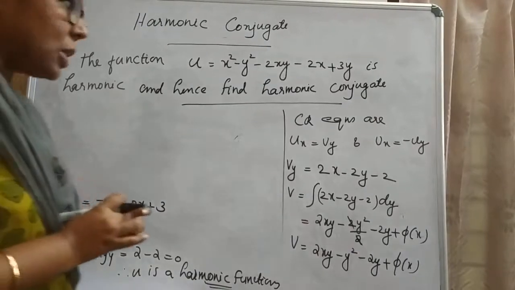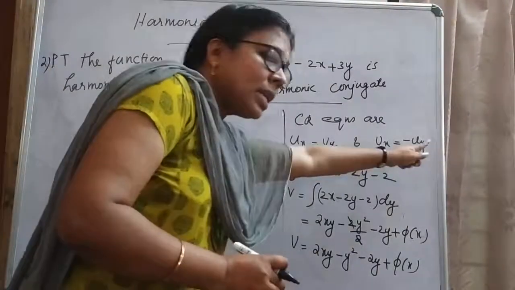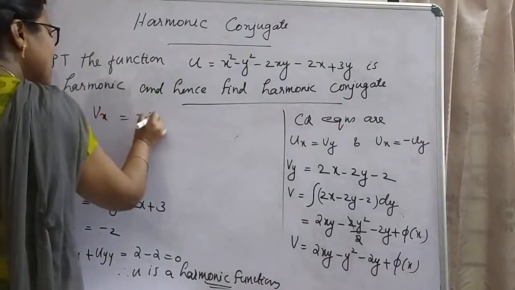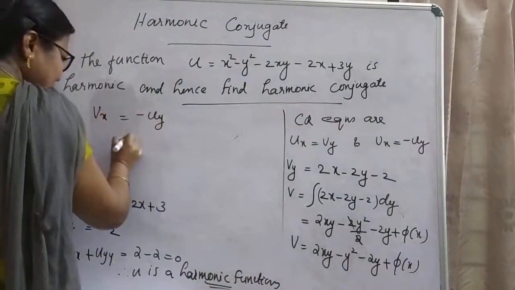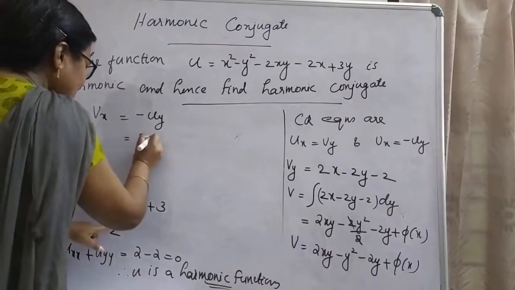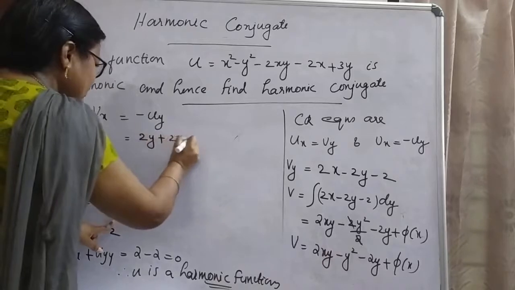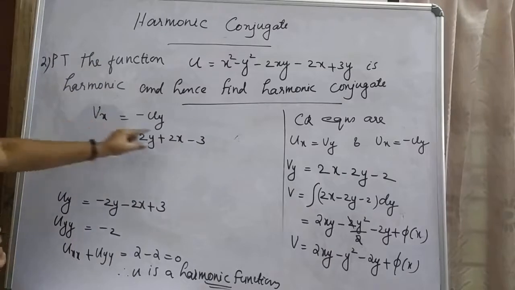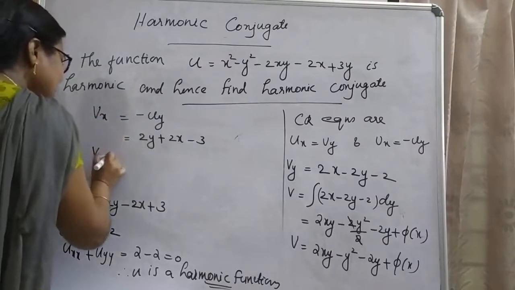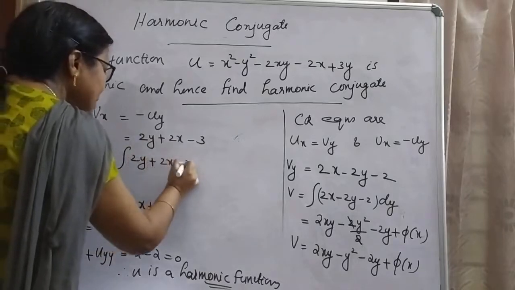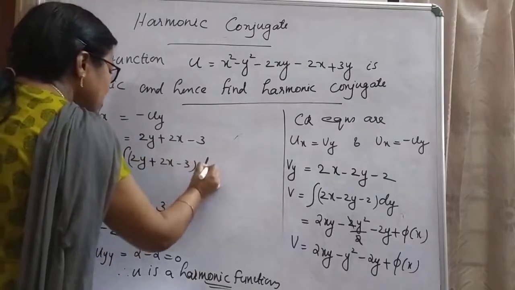From the CR equations, vx equal to minus uy. Therefore, vx is minus of uy, which is 2y plus 2x minus 3. From here also, we have to find v by integrating with respect to x. Therefore, v is the integral of 2y plus 2x minus 3 with respect to x.